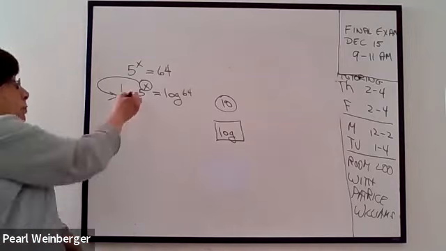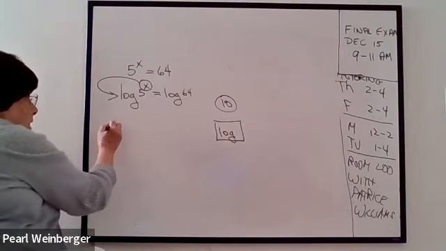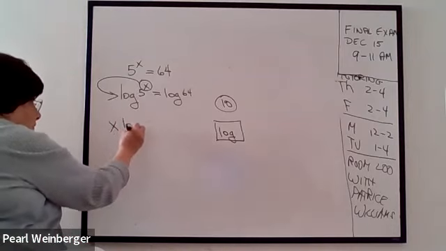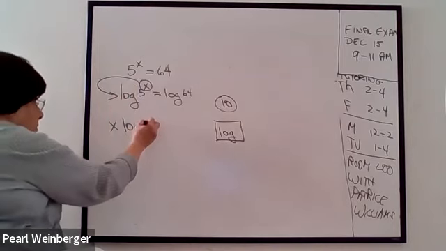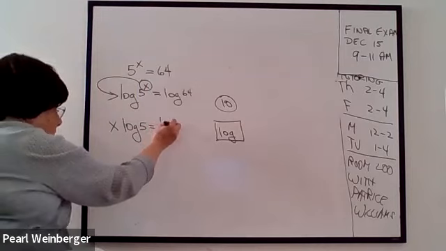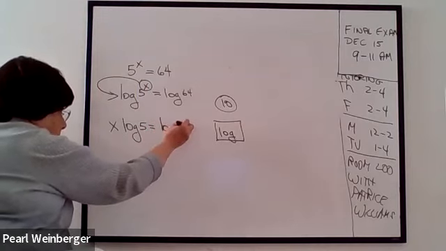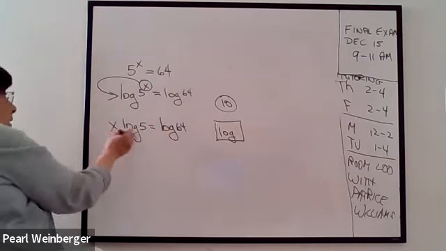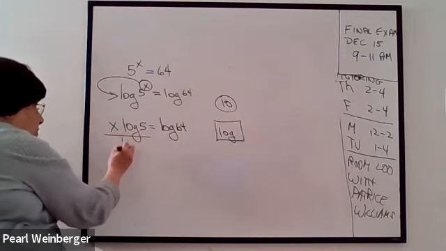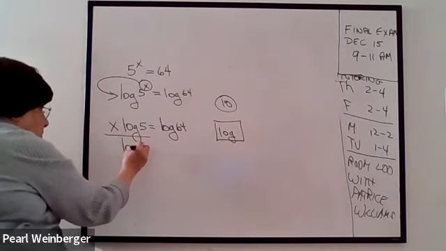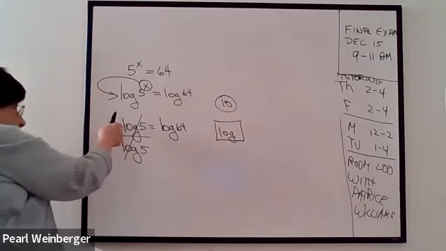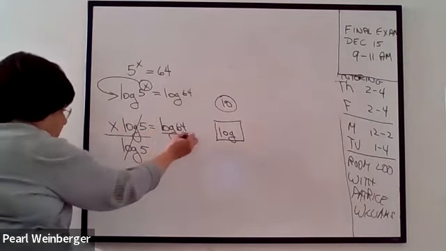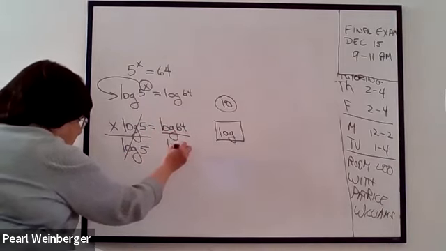So we could rewrite this as x log 5. Remember, the exponent becomes the coefficient, equals log 64. And since I want to get what x is, I'm just going to divide out the log 5. Just like a regular equation. I want to get rid of this, so it's x times this, so I have to divide by it. I'm not subtracting, I'm dividing by it.